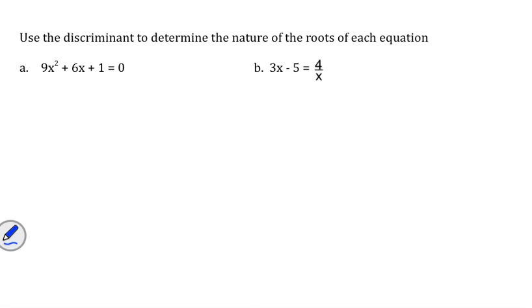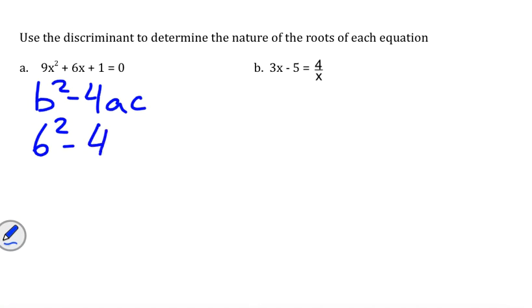So for the first one, we're going to just do b squared minus 4ac, so I'll write it out. We're going to get 6 squared minus 4 times 9 times 1. The big thing is the signs on a and c. A lot of the times those will really determine it, because if either of those is negative, it makes this part positive.